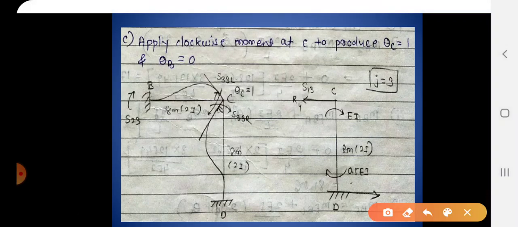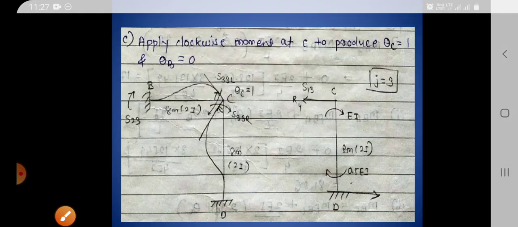Our third redundant is theta C, therefore apply a clockwise moment at C to produce theta C equal to 1 and theta B equal to 0. Now you can find the values: S33 L, S33 R, S23, and again on similar lines S13.